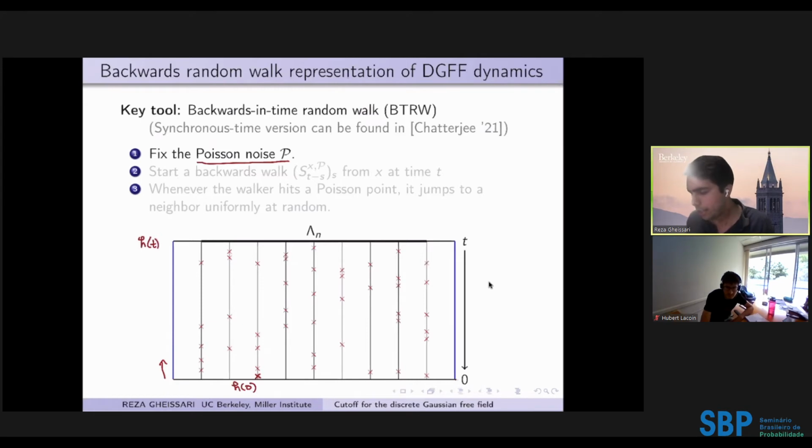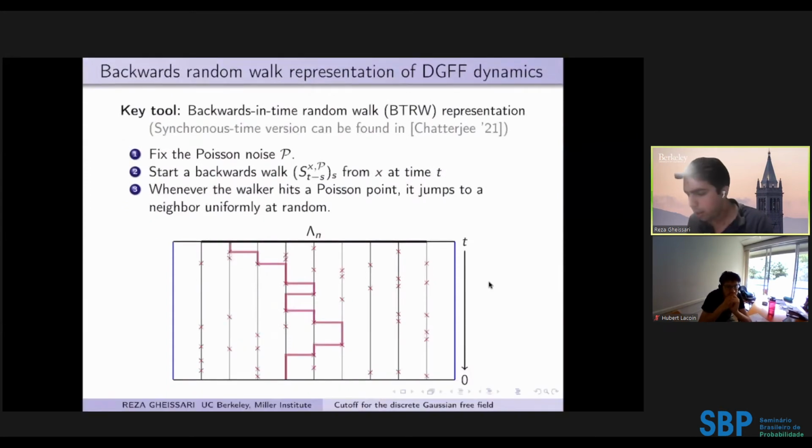Okay, now take that same Poisson noise and freeze it. So let's fix a realization of the Poisson noise. And what we're going to do is start a backwards random walk from this point. This is x up here, let's say. So from a point x at time t, the backwards random walk is defined as follows.